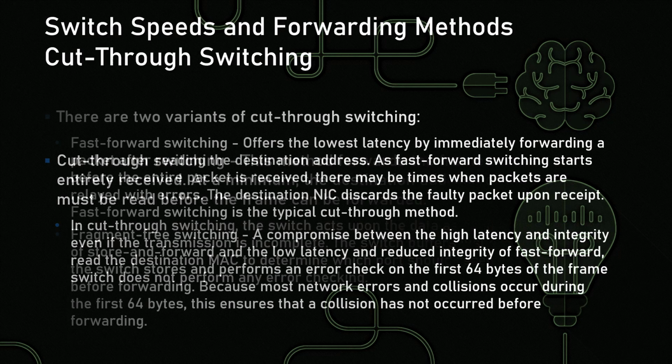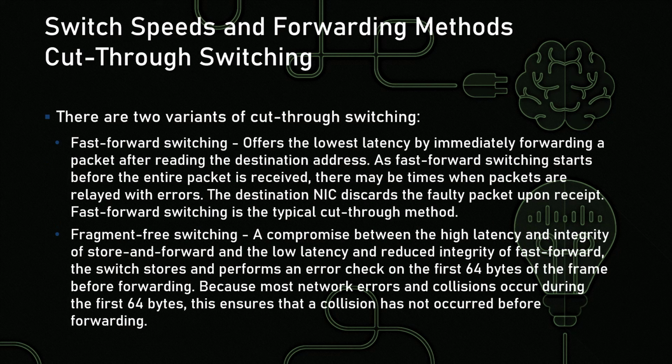There is a middle ground, so we'll talk about the two types of cut-through switching that we vary at. Fast forward is going to start forwarding right after the destination address comes in. It'll start sending out the individual bits, and the destination NIC will often receive a faulty packet that it can then discard. If it works, however, you are cutting down some serious lag time, some latency.